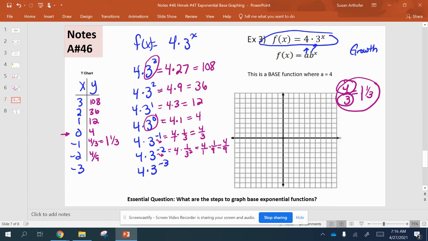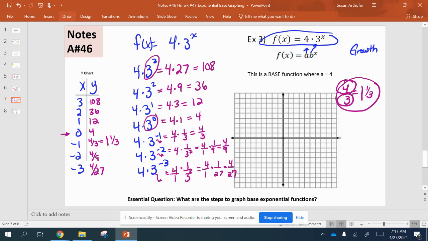So 4/9 is getting smaller. Next one. 4 times, remember to dive this down, 1/3 to the third. That's 4 times 1/27. So that's 4/27, because 3 to the third is 27, right?